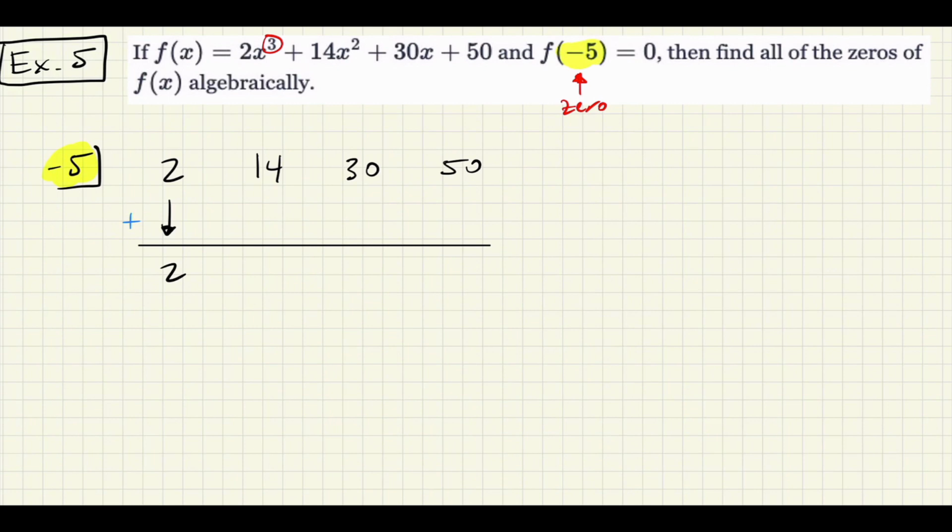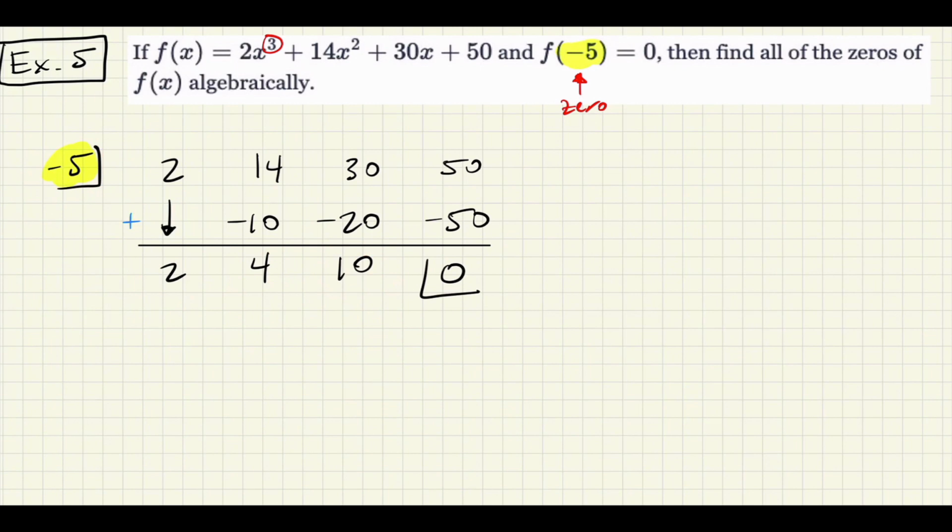Then you multiply. -10. -20. -50. I should get a remainder of 0 because it said it was a factor. It said it was a 0. So I did it right.